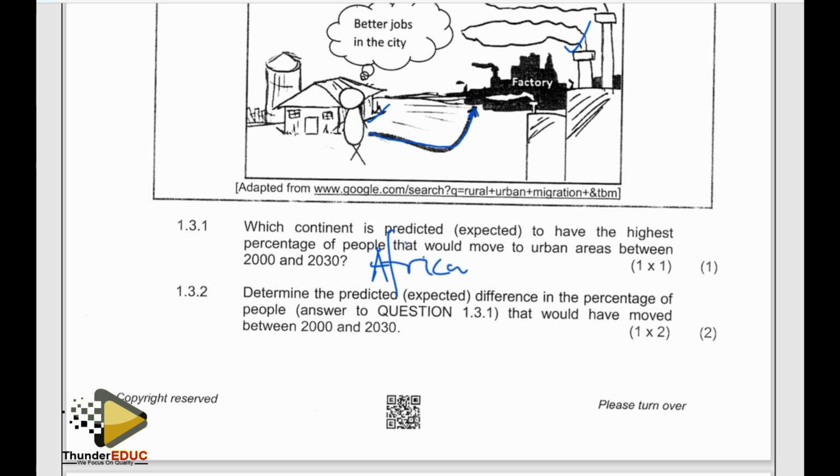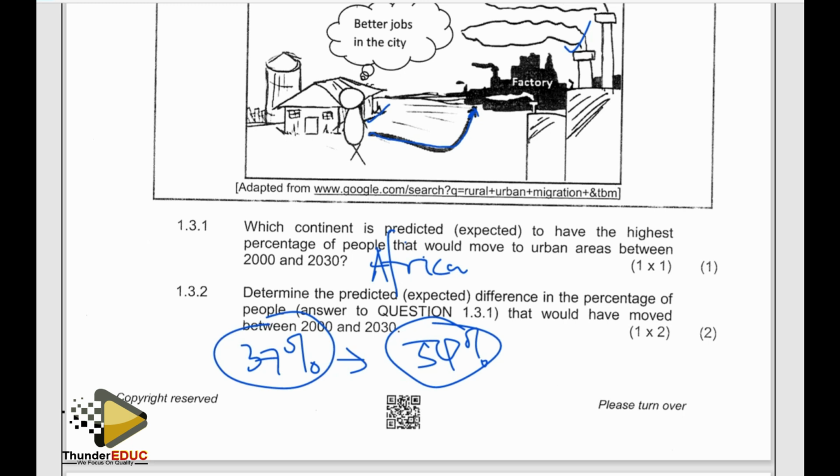Then determine the predicted or expected difference in the percentage of people of the answer above that would have moved between 2000 and 2030. So it's simply we are saying in 2000 it is 37% and it is going to increase to 54%. We want the difference between these two. By how much?